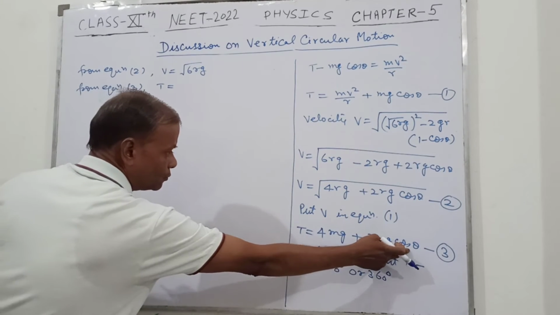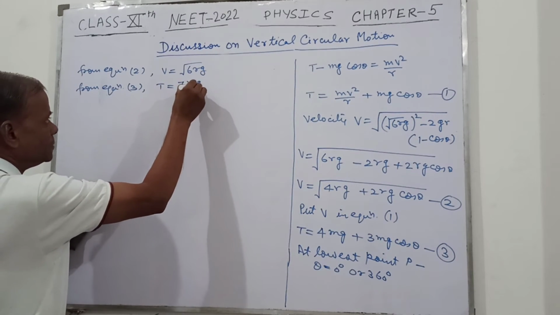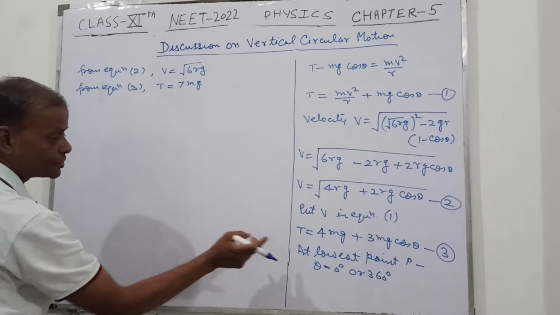This is now 3 and 4, 7. This is now 7 mg. This is at the lowest point.